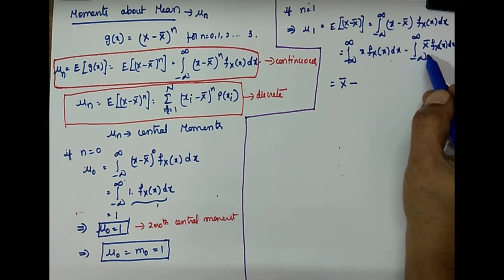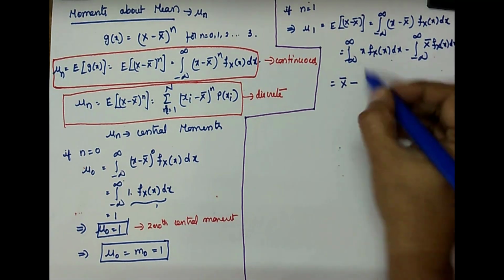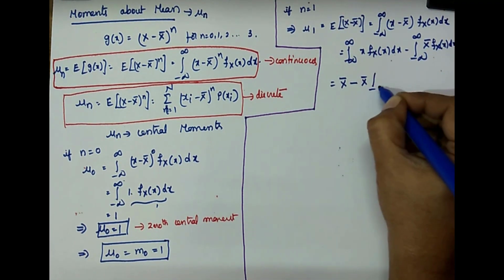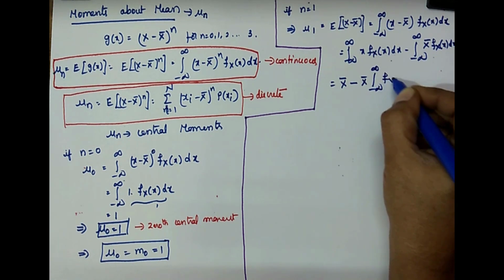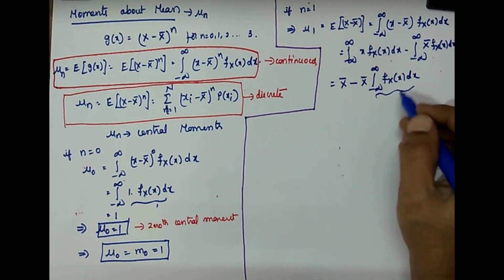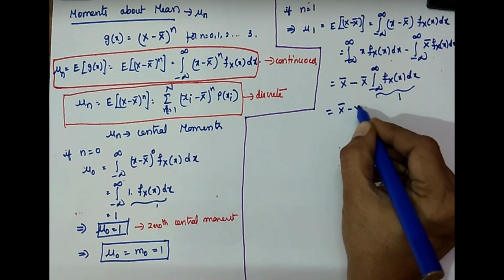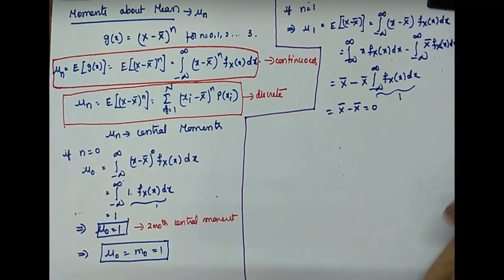mean. The mean value is always a numerical value. Okay, so it's a constant. So you have to take it outside. Then it will be the integral from minus infinity to infinity of fX of x dx. Again, what is this? This is the area under the density curve, that is equal to 1. So it is x bar minus x bar, that is 0.